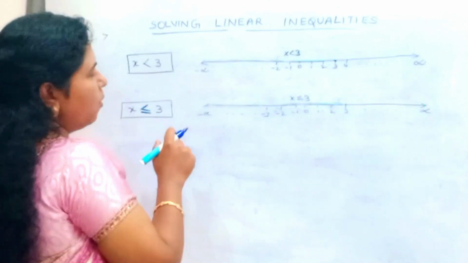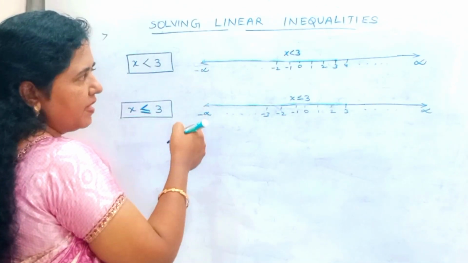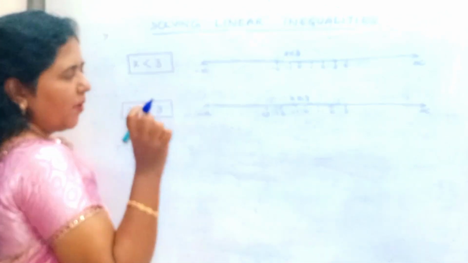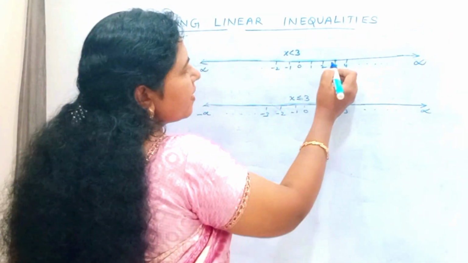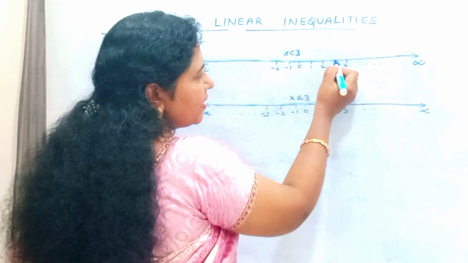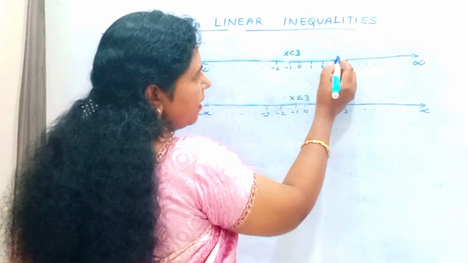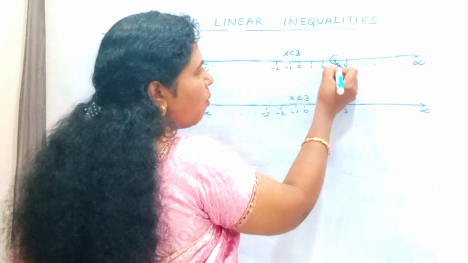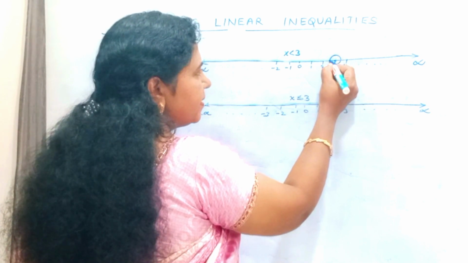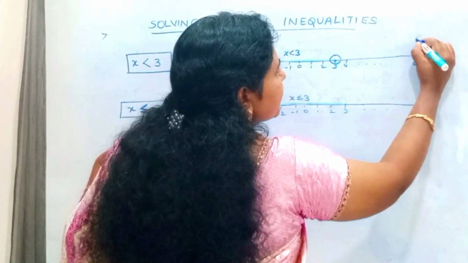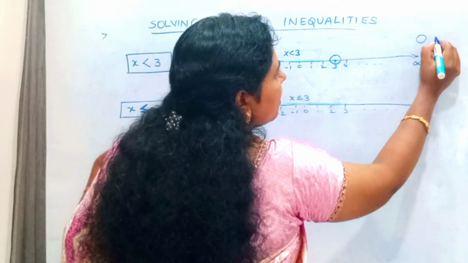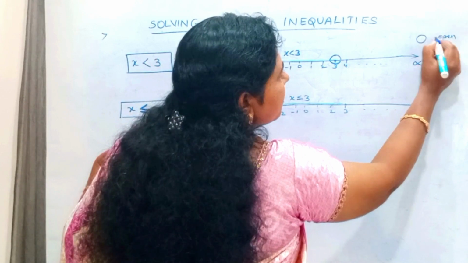Okay, so now in order to show these differences in the number line, we are having a simple concept, that is, when that particular value is not included, we have to use open circle there. This is an open circle. That is just a circle. That's all. So it is a open circle form.